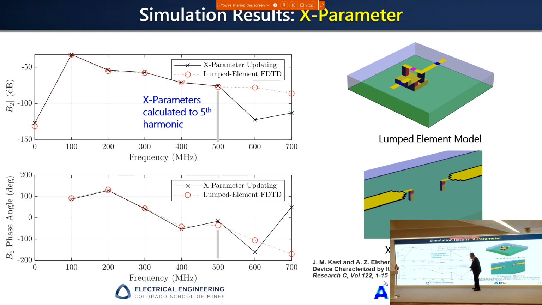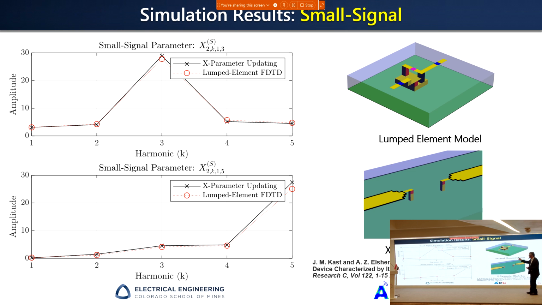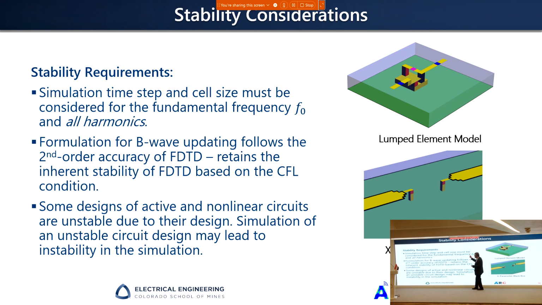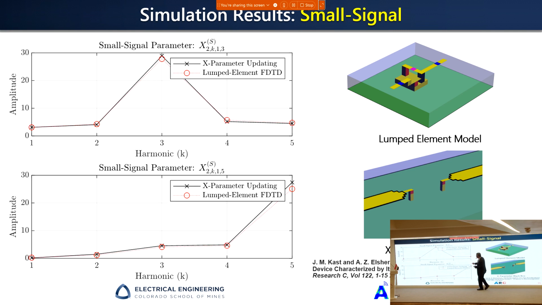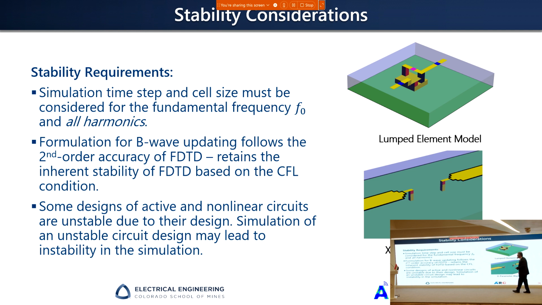That's why you have accurate results only up to 500 megahertz, because you use only 5 harmonics in the analysis itself. This is a small signal, XS, amplitude and phase. And I think previously was the B wave itself. So I didn't show you the XT as well, but it's very similar results.